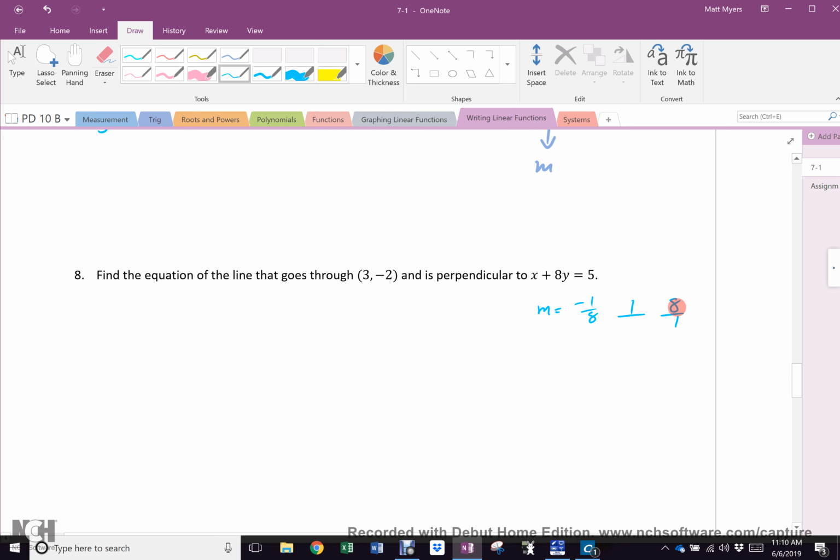Positive 8/1. Would I write it that way? Just 8. And now, do I have a slope? Do I have a point? So what's it going to be? No. Perpendicular. 8 x minus 3. Easy peasy lemon squeezy.